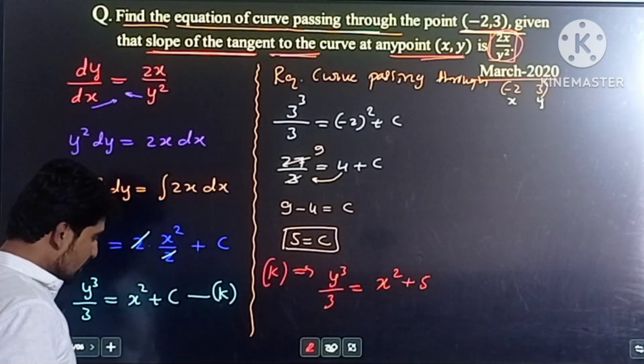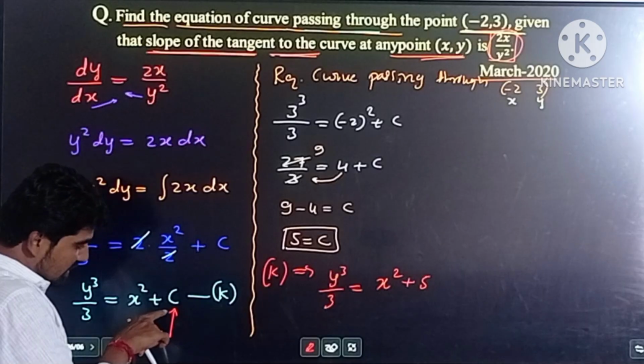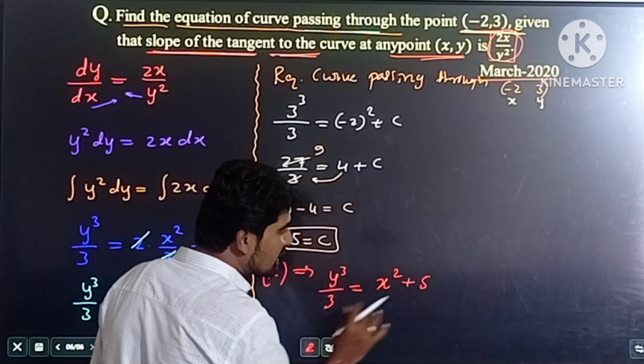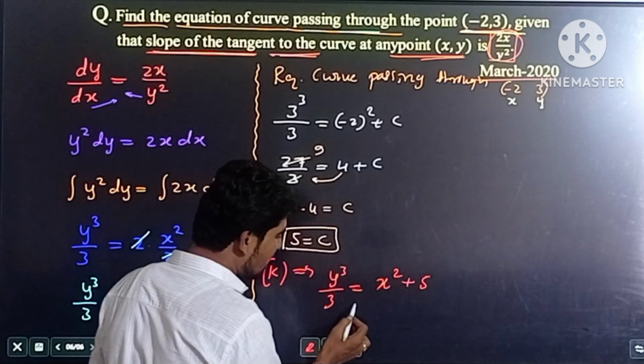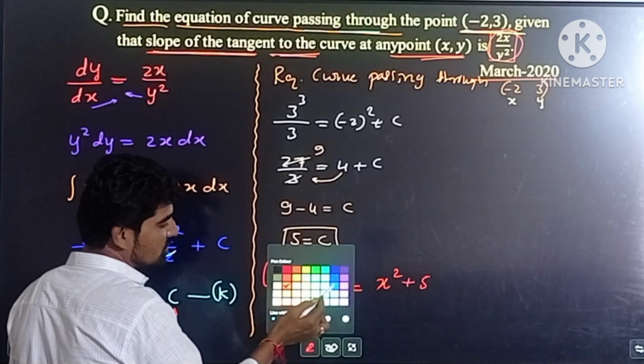Observe here, in the equation c is involved, where c is called an arbitrary constant. So this arbitrary constant is replaced by 5, therefore this solution is free from the arbitrary constant. That's why this is called a particular solution.